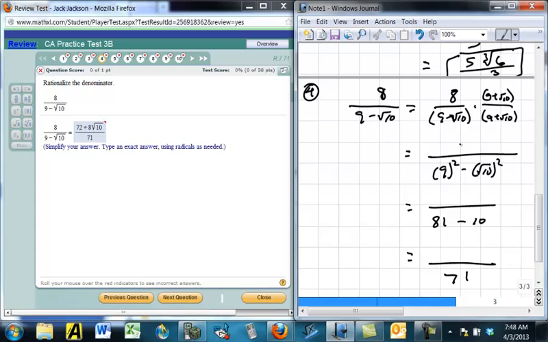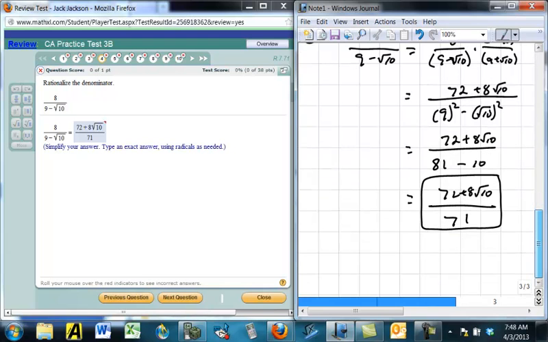Now on the top, I think it looks like they want us to distribute this. So 8 times 9 is 72, and then you've got 8 square root of 10. There are other ways we could write it, but I believe that's the form they want us to write it in, and it looks like that's correct over there.